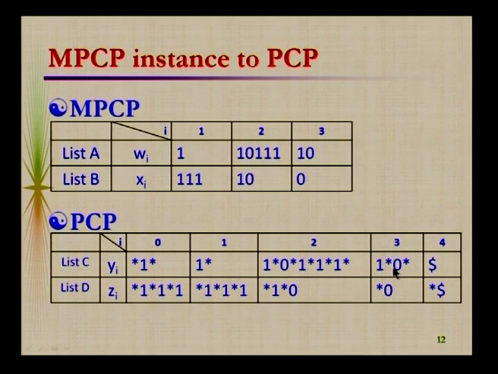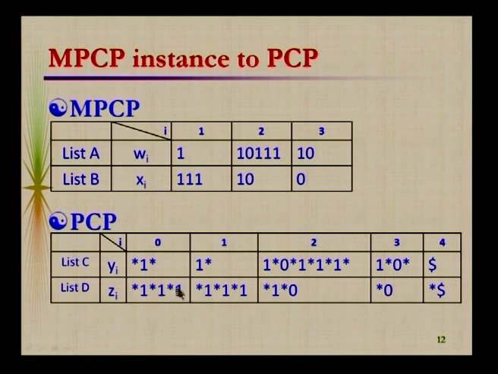And then in the case of the corresponding pair 3, we are having 1 star and 0 star, whereas in the case of z1, before each symbol you put a star. So, before 1, and once again before 1, you put a star, that is star 1 and star 1. So, you will be having the corresponding pair with 0, star 1, star 1 and star 1. This is to be followed for the rest of the strings.